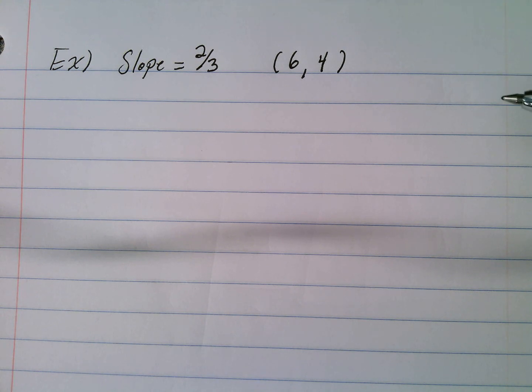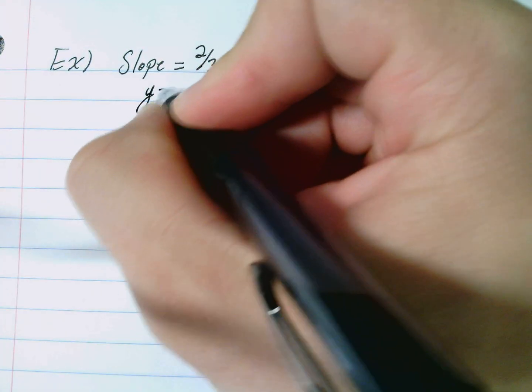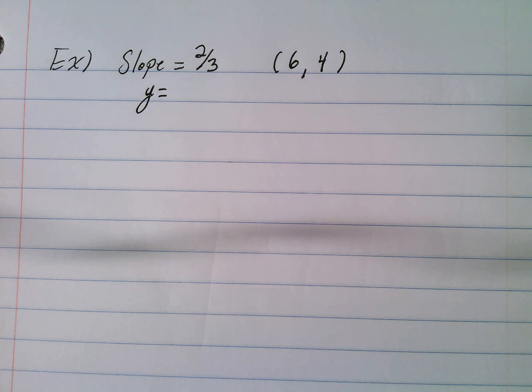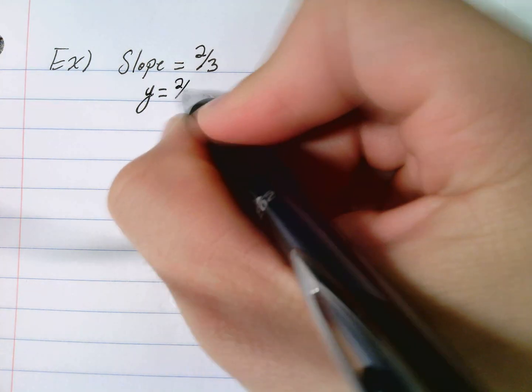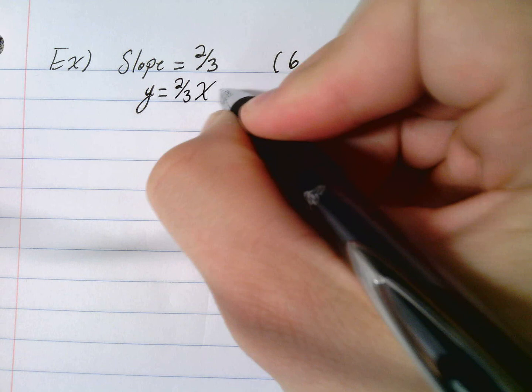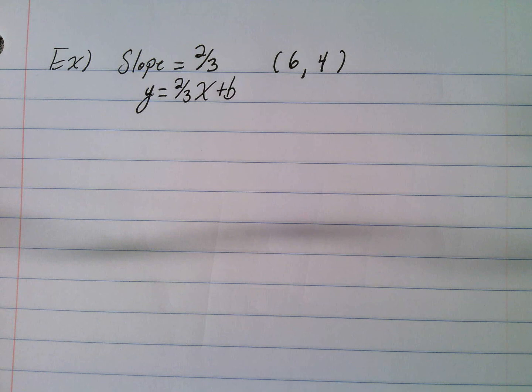I found my slope. What do I do after I find my slope? Plug it in. So I'm left with y equals what? 2/3 x plus b. Okay, we're done with step 2. What about step 3? Go ahead, Drew. Oh, no. Change your mind. That's all right.